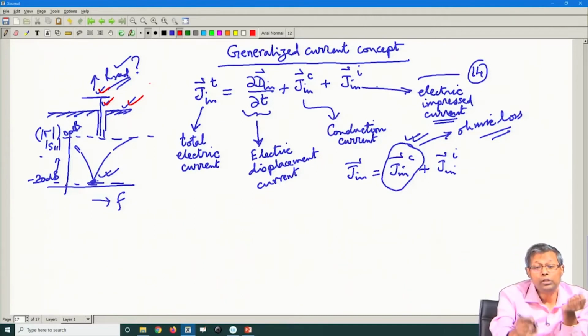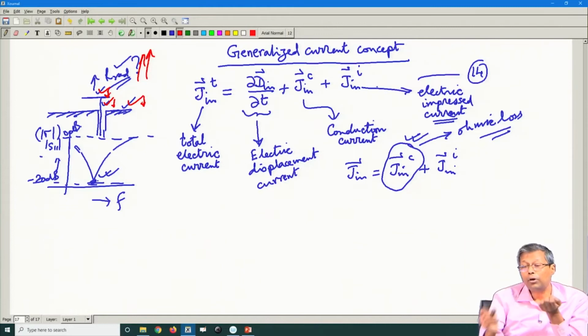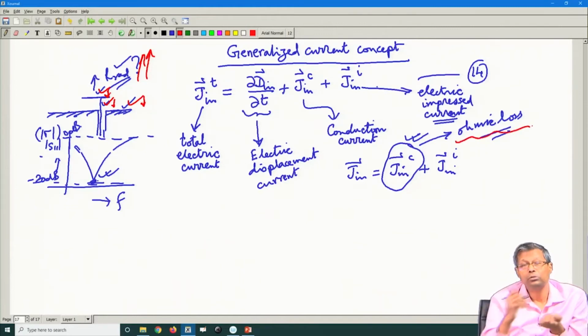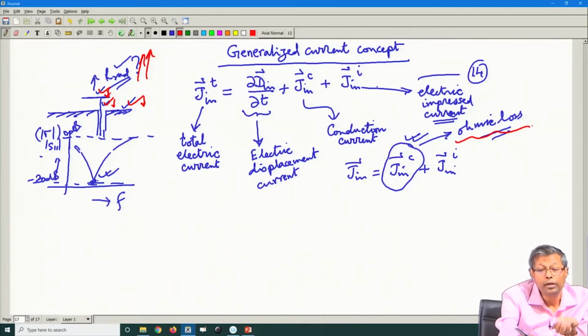I want to maximize this and minimize these quantities. That is, I want to minimize this ohmic loss and maximize my radiated power. And therefore, in order to see that this is indeed taking place, that we are getting a decent amount of radiated power, we have to measure the antenna gain.